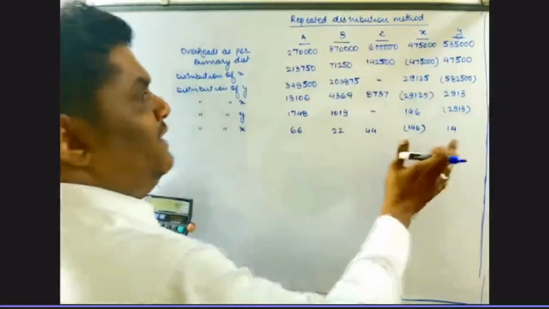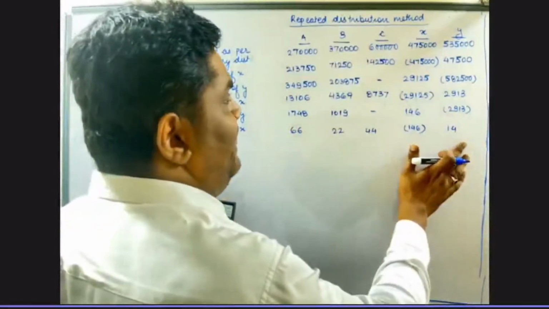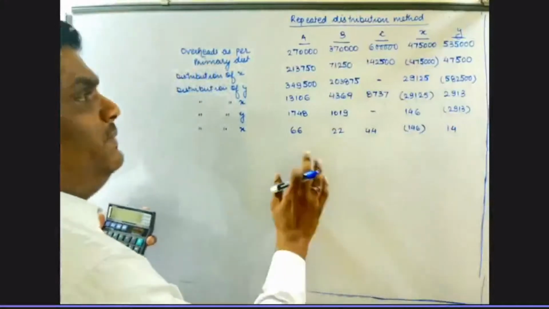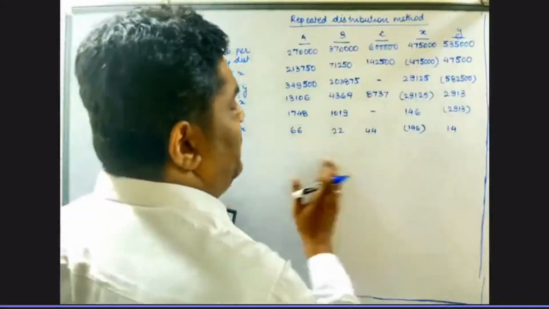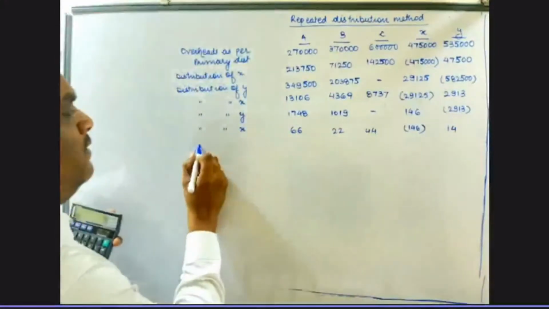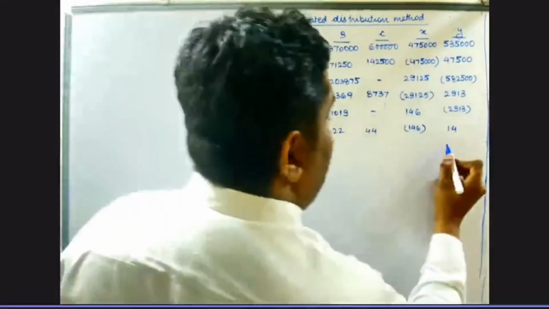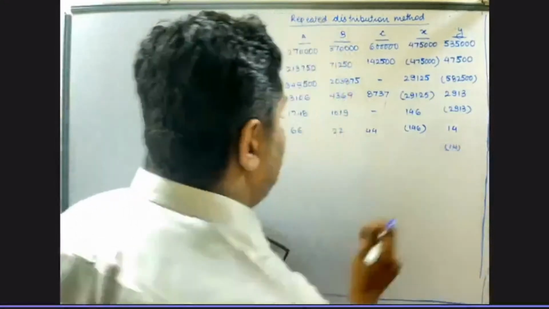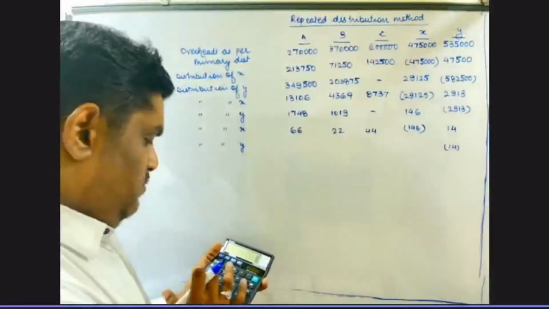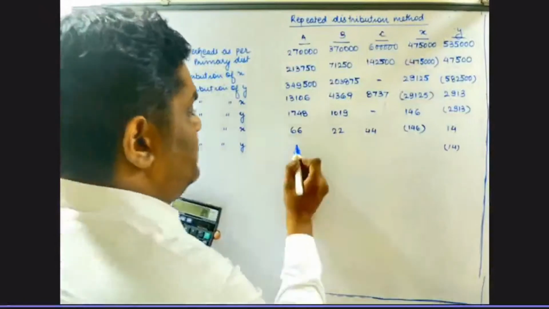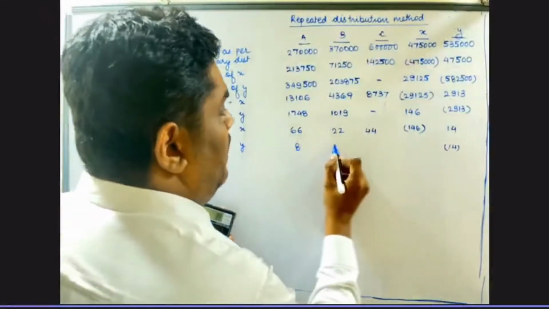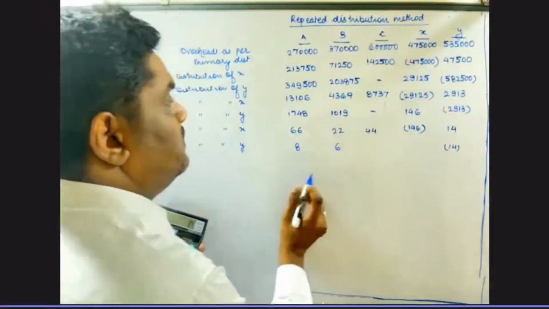So now the figure is in 2 digits, that is Y is in 2 digits. So we will distribute only to the production departments, not to the service department. So distribution of Y: 14, 60% is 8 and 35% is 6.